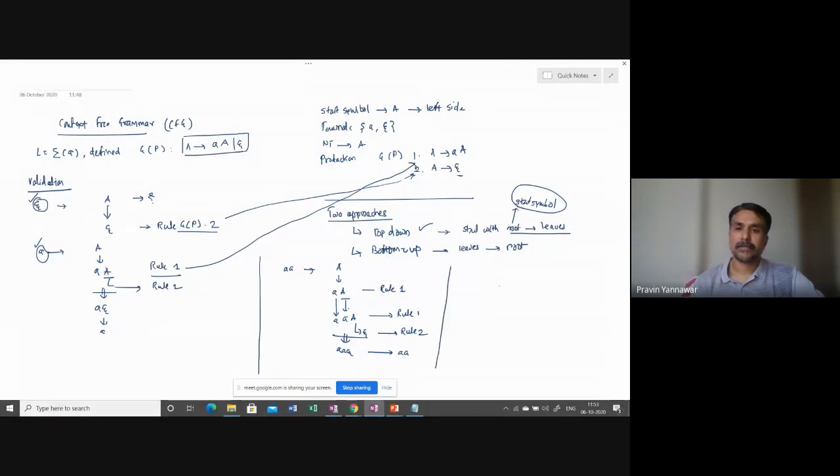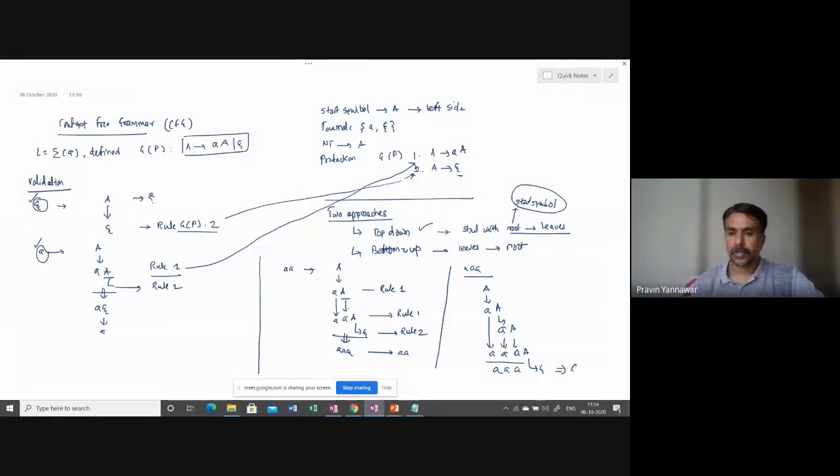Now can I have AAA? A is substituted as AA, this A is substituted as AA, and this A is substituted as AA. Now how many A's have you got here? 3 A's. Then this A is substituted as epsilon. So it is AAA epsilon.